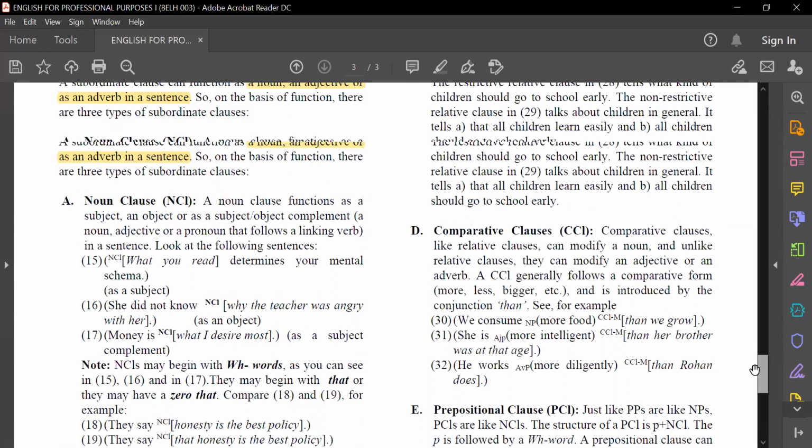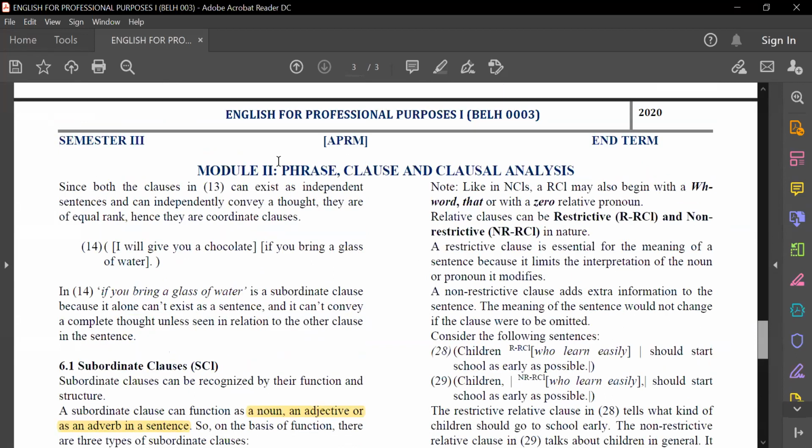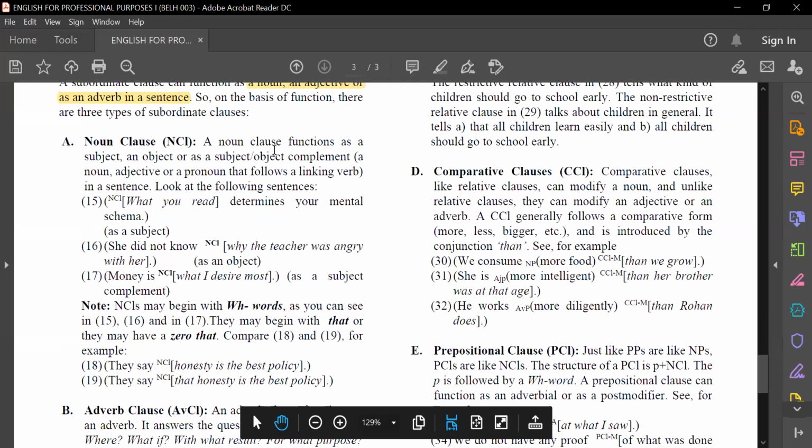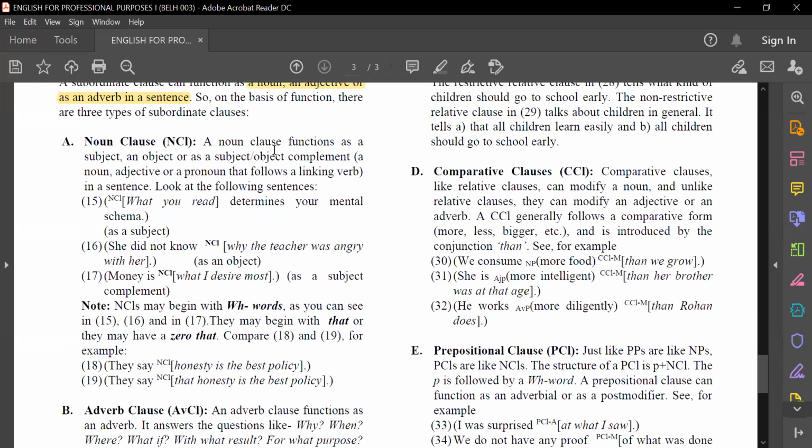So the first one is noun clause. What is a noun clause? It can function as a subject. It can function as an object. It can function as a subject or object complement. And this can be a noun, adjective, or pronoun that follows the linking verb. So in sentence number 15, you can see that "what you read determines your mental schema."